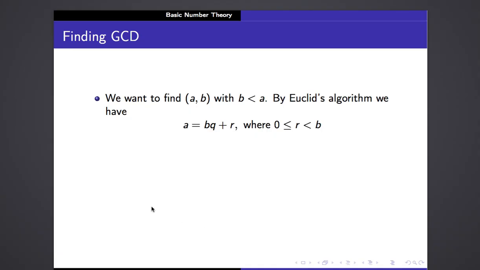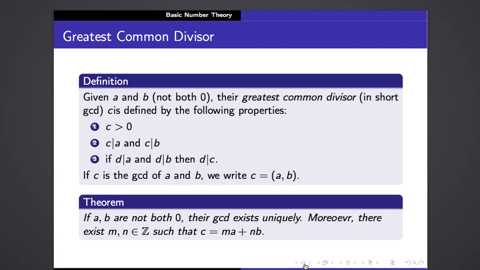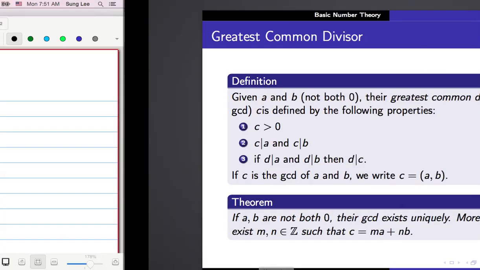Okay, so let us talk about finding the GCD. Oh, actually, I might show you an example before we go any further. All right, so let me go to my notepad.